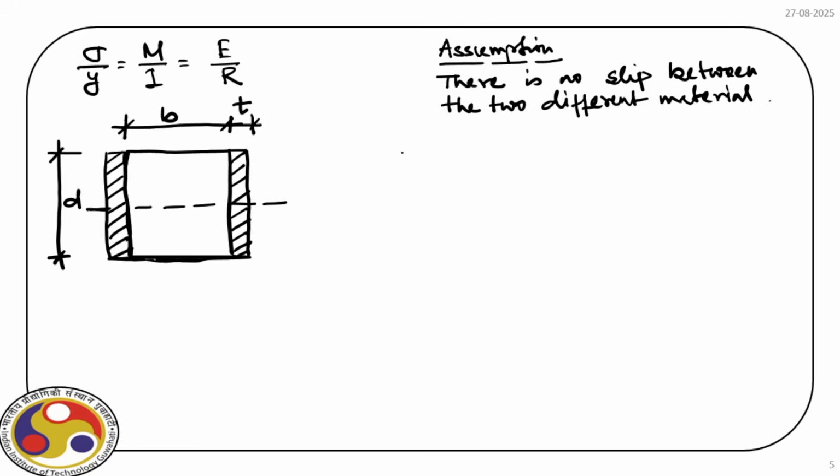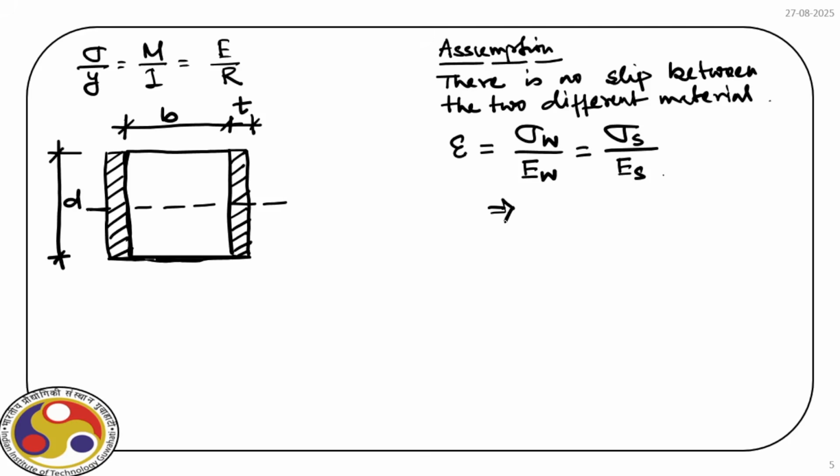Now, if that is the case, we can quantify that strain. So strain epsilon is equal to the stress in the wood fiber divided by Young's modulus of the wood, equal to the stress in the steel fiber divided by the Young's modulus of the steel.